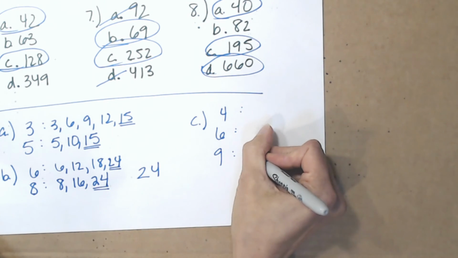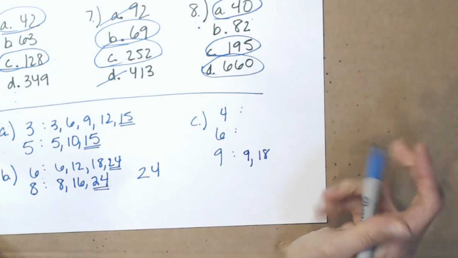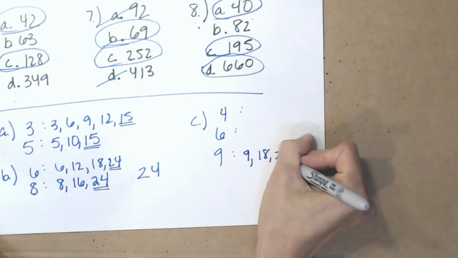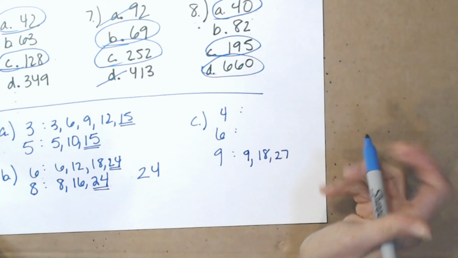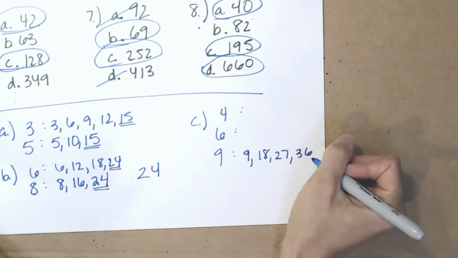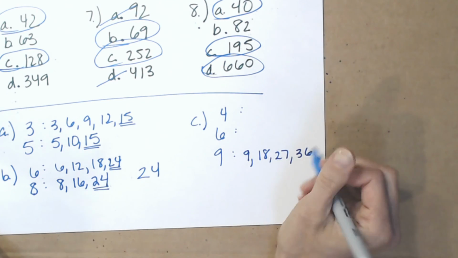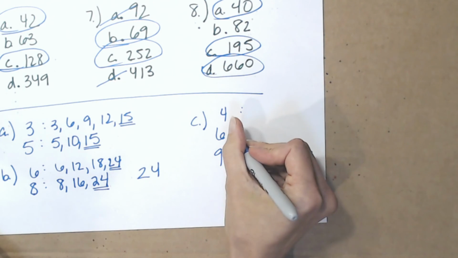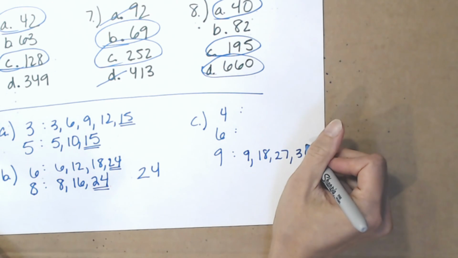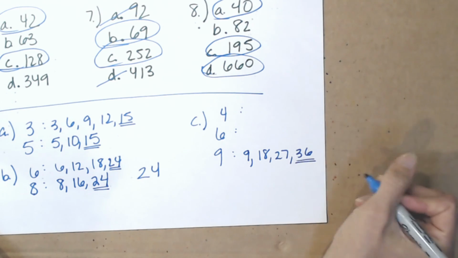So I start with my 9s. 9, 18, no, 18 is not a multiple of those. 9 times 3 is 27. No, that doesn't work for either of those. 9 times 4 is 36. Oh, that looks like it could work here, because 6 times 6 is 36, and 4 times 9 would be 36. So that's your answer.